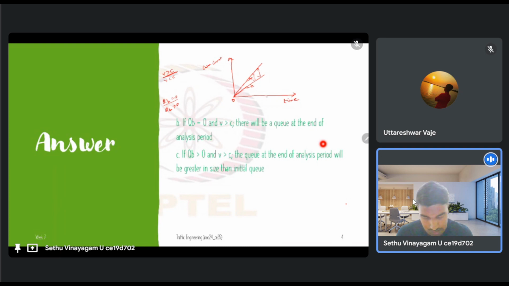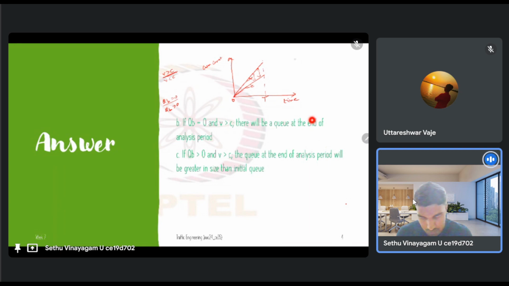If our analysis period is 0 to t, then this is the end of the analysis period. The vertical difference between our arrival and departure curve represents the Q length. Initially Q length is 0 because these two curves start at 0, but because V is greater than C, an oversaturated condition, the Q keeps on growing. So at the end of the analysis period we have a larger Q.